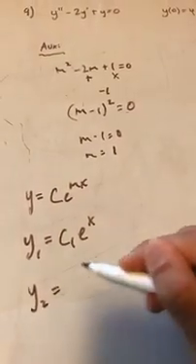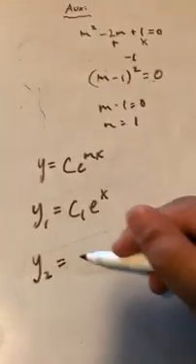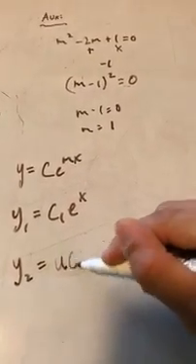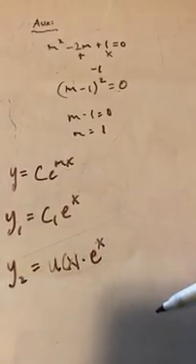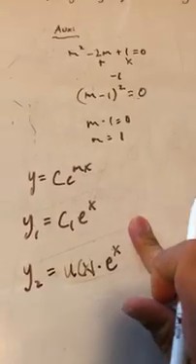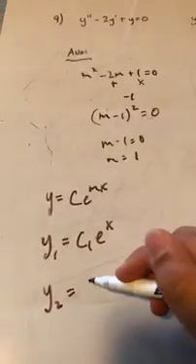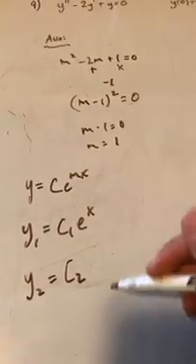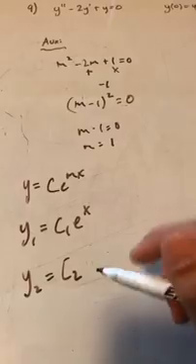So what you could do is use reduction of order, which will be y2 is equal to u(x) times e to the x. But as we said, that won't be too necessary. If we go through the whole process, we'll see that it's just the function itself times x.